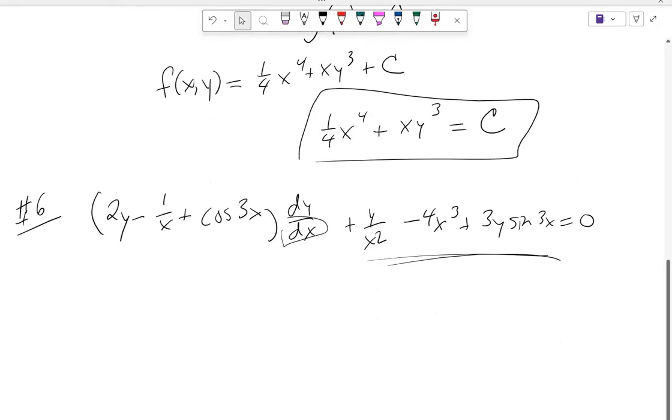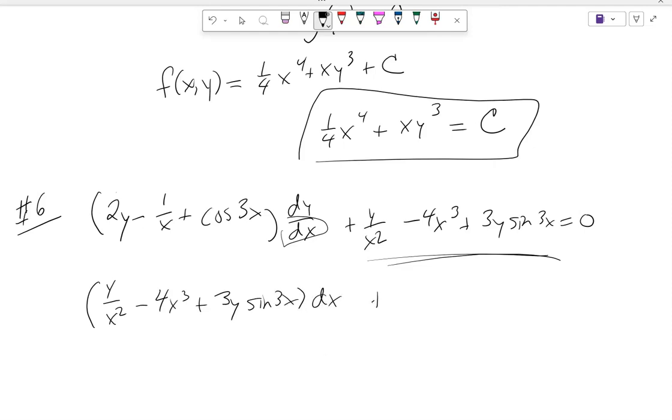So we'll write this as y over x squared minus 4x cubed plus 3y sine of 3x dx, plus 2y minus 1 over x plus cosine 3x dy equals 0. I'm only writing it this way, again, to put it in that form that we saw for exact when we started all this discussion to begin with.